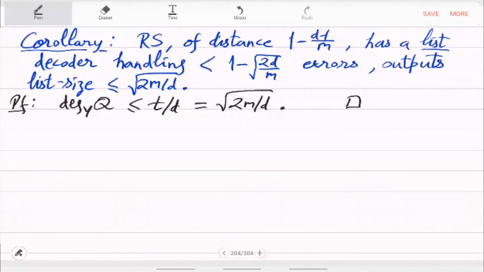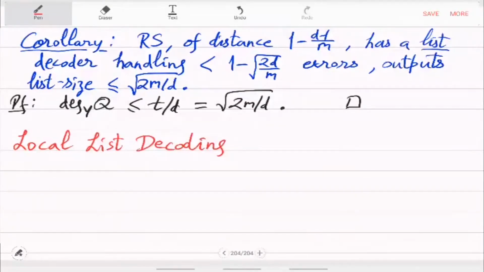Now we move to the final concept, which is local list decoding. And the goal here will be to find the list by making as few queries as possible to a long corrupted codeword.